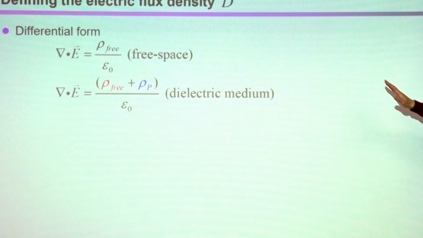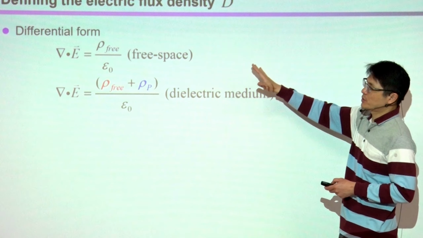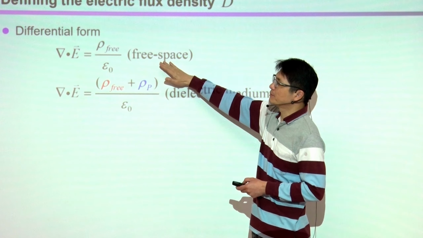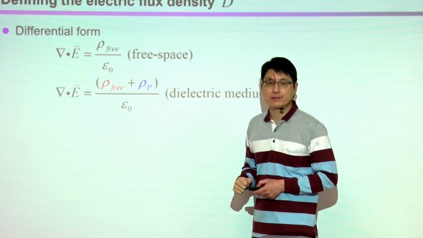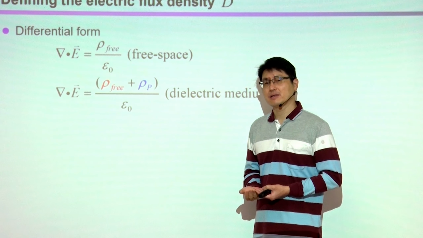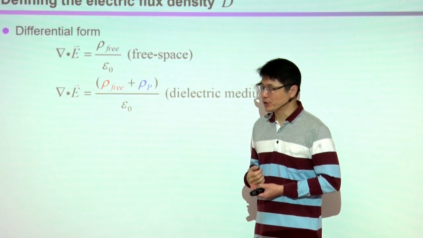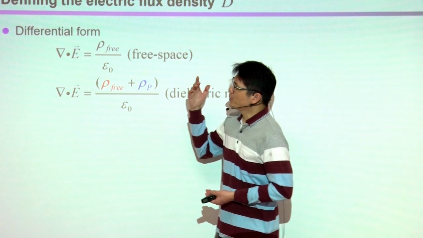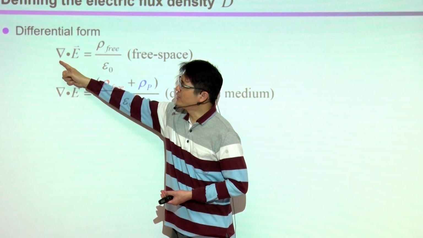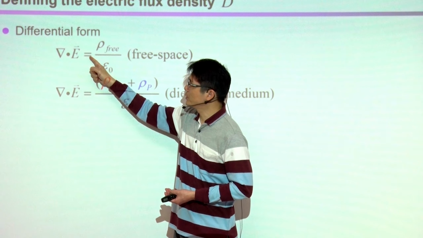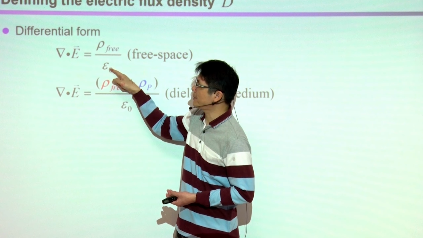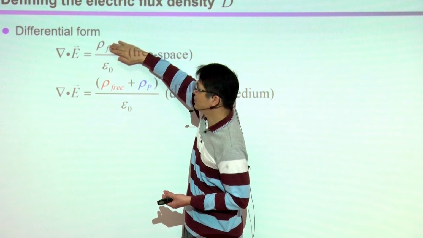Okay? So let's come back to the very first fundamental postulate when we talked about E field intensity. We first talked about the divergence of E being equal to rho divided by epsilon 0, right?